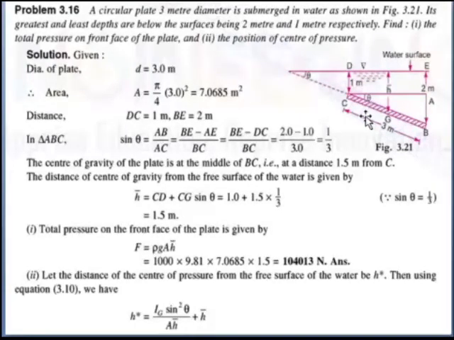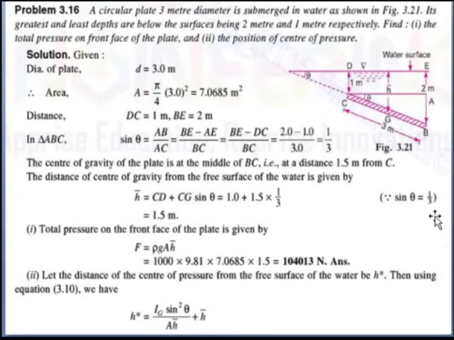Then the distance of the center of gravity from the free surface of the water, h bar, is given by CD plus GC sin theta. So we consider this triangle and calculate the value of this part. This distance we don't know, we can calculate it by GC sin theta. Here sin theta is equal to 1 upon 3.